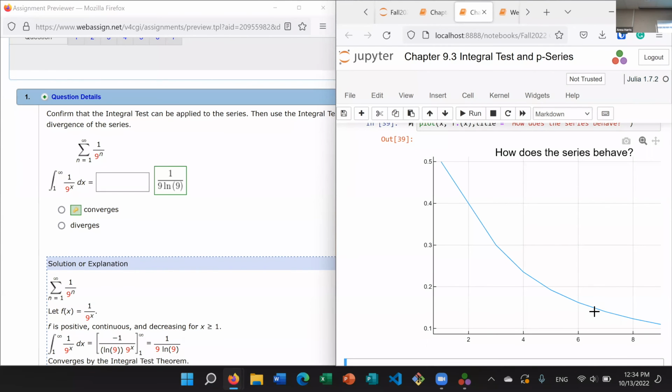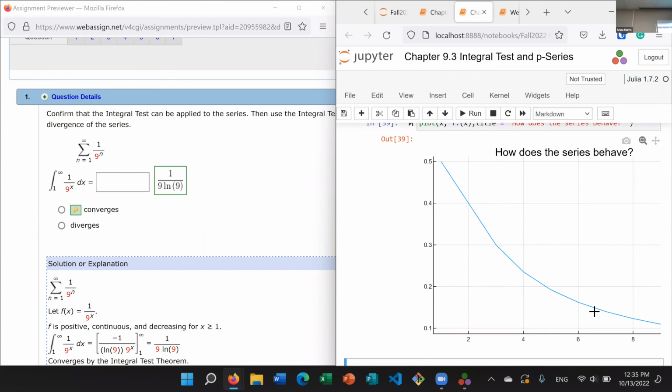This is a continuous function. Is it decreasing? Yes. Start right here, then what happens? Getting smaller. So yes, it is continuous. It is positive. Why? Your zero is right here, and all of the function is above the x-axis. So it does meet the conditions of the integral test.